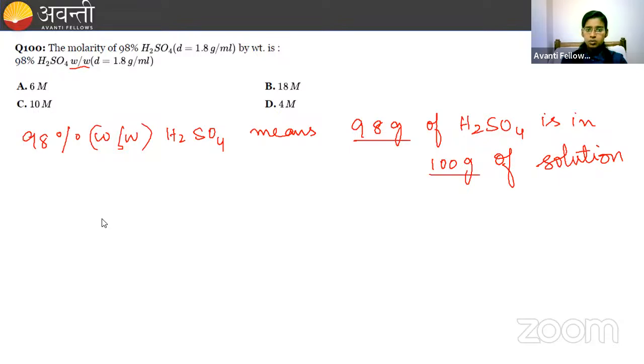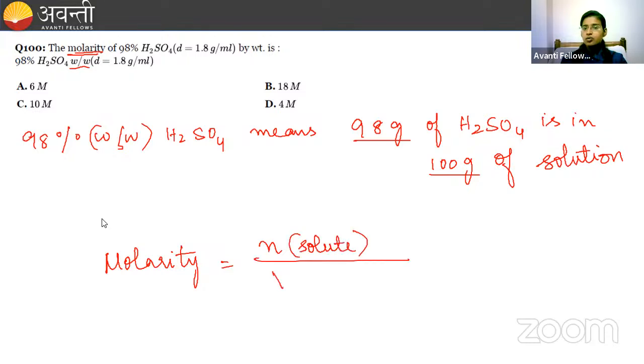But to find the molarity, what is required? Molarity is equal to the number of moles of the solute divided by the volume of the solution in liters. Or if I take the volume in milliliters, then I multiply by 1000. This is the formula. So the number of moles and the volume, both we need to calculate.